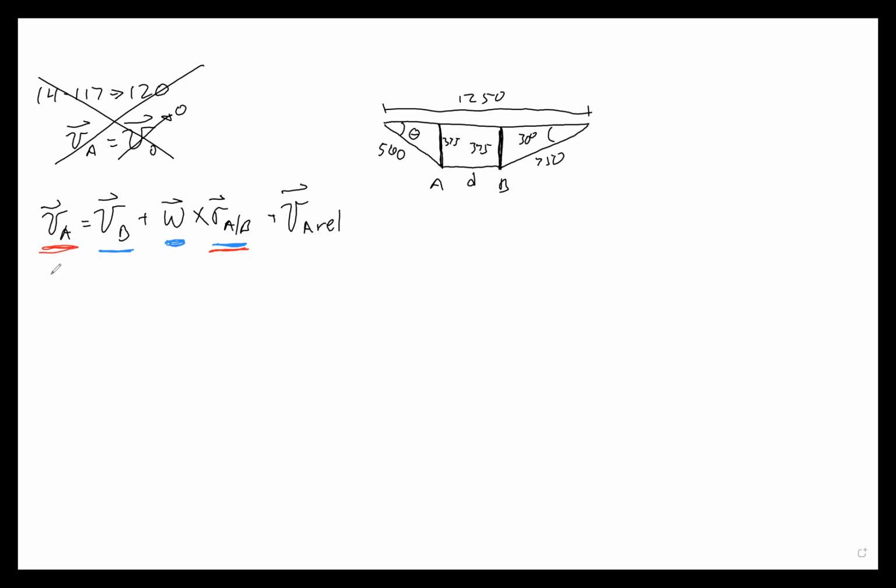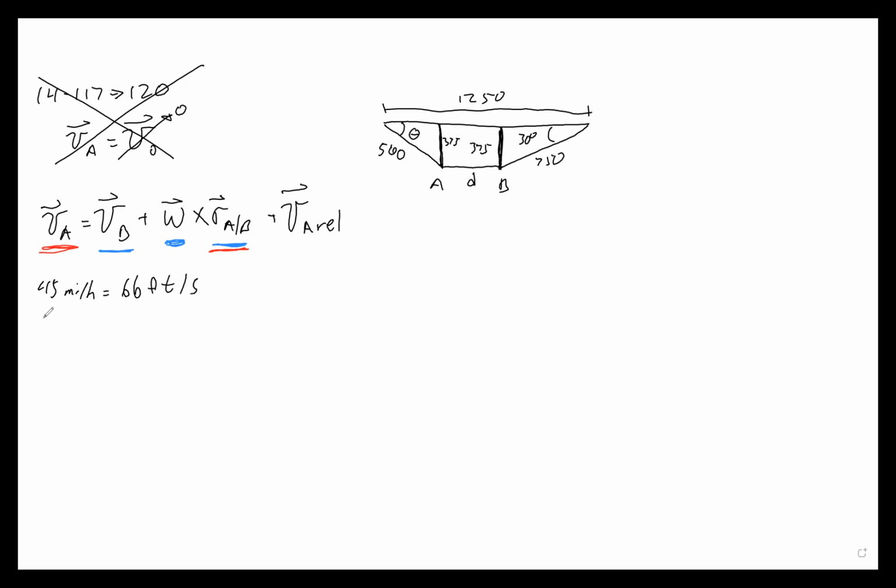Okay, well, the velocity of B is given to us as being, well, 45 miles per hour, but we need to convert this to feet per second. So 45, I'm sorry, maybe I said velocity B, but I mean A. So velocity A is 45 miles per hour, which is also 66 feet per second.